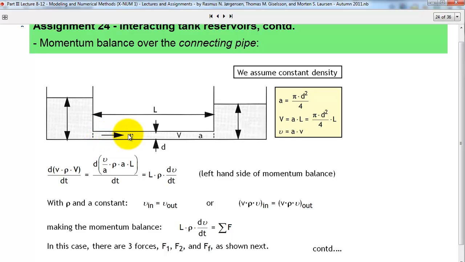Then you have a pipe with a certain area, small a, and the length, and that gives a kind of resistance to the system. That's stated here: the length, the density, and the speed, that's equal to the sum of forces.